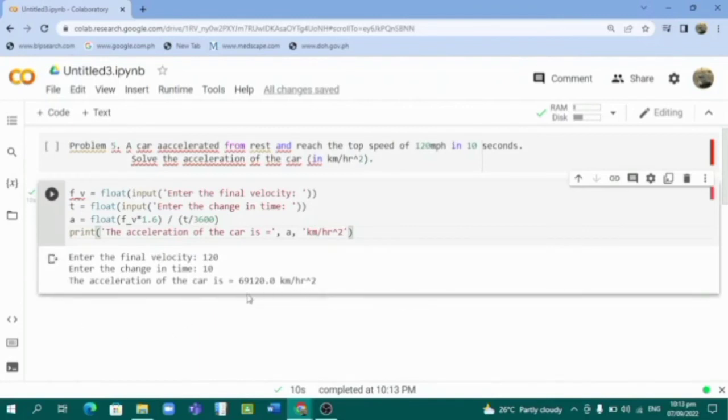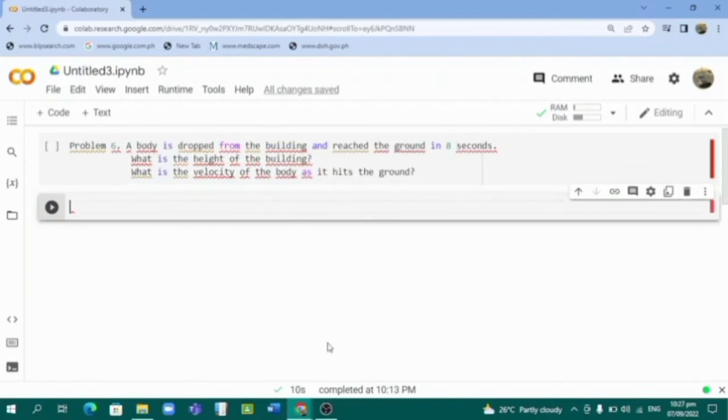So here it is. We're gonna use the formula 1/2 times g t squared. So in the first line, we're gonna put here t, equal sign, float function, close open parenthesis, input, close open parenthesis again, quotation mark. We're gonna ask the user to enter the time, colon, then space.